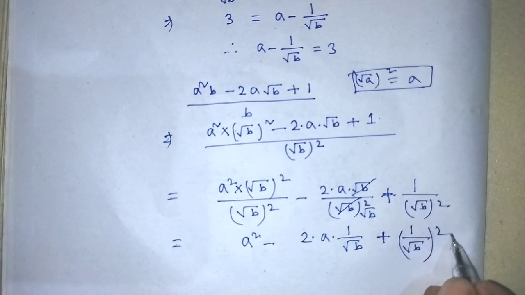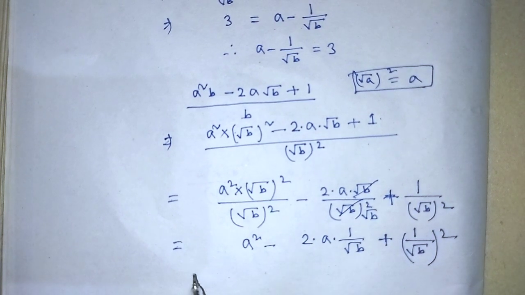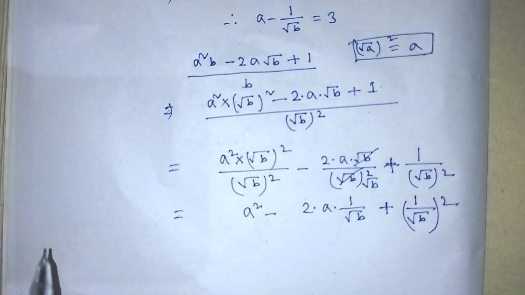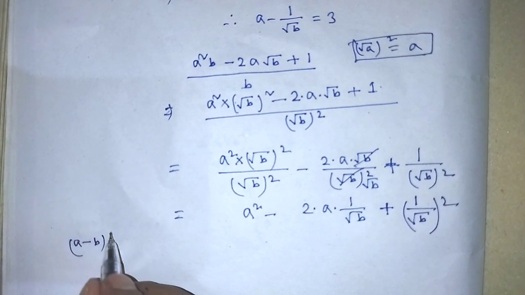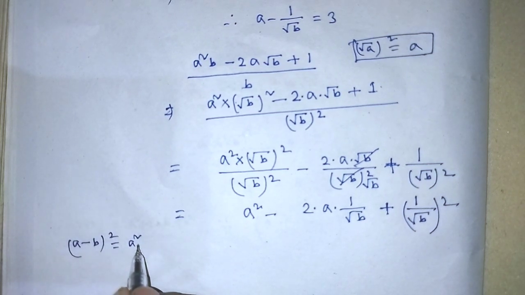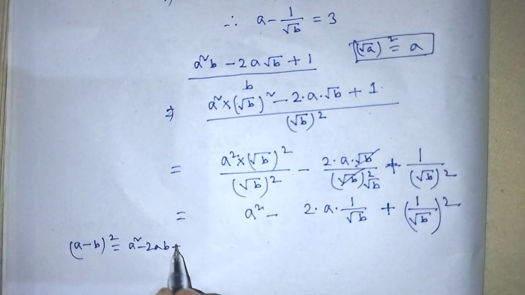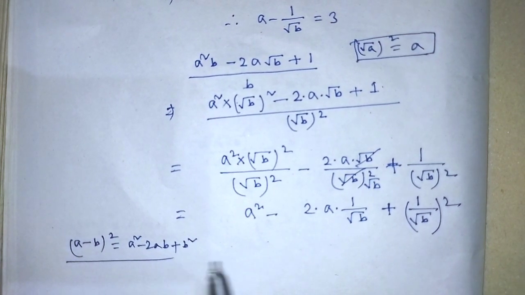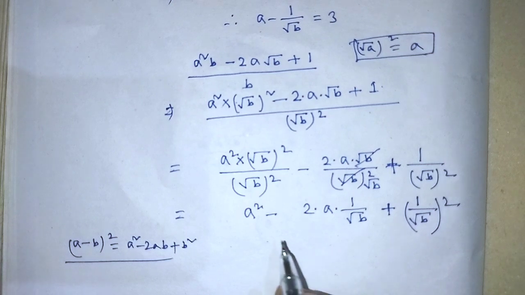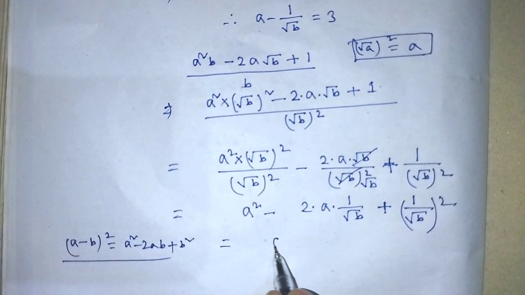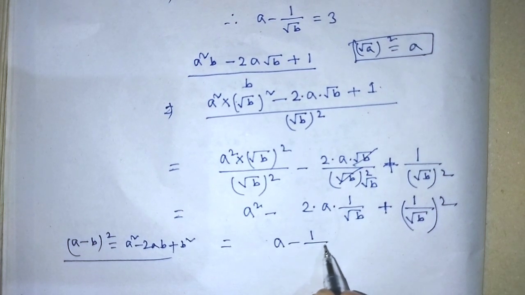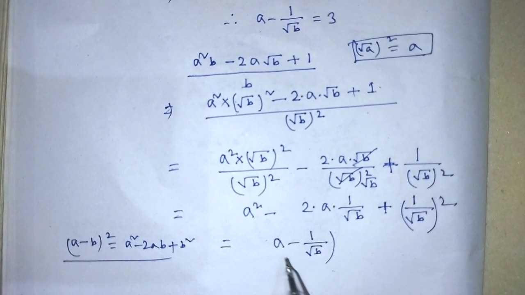Okay. So student, now we have to apply the formula: a minus b whole square is equal to a square minus 2ab plus b square. We apply this formula on this algebraic expression. So now we can write a minus 1 over root b whole square.